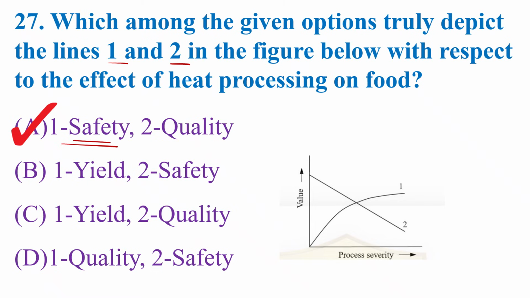So as the heat processing increases, the food quality decreases. Now with too much heat, what will happen? It will destroy the quality of the food: nutrients, color, flavor, texture, and other things. So our second line depicts the quality. So in all, we can say option number 1 is correct.